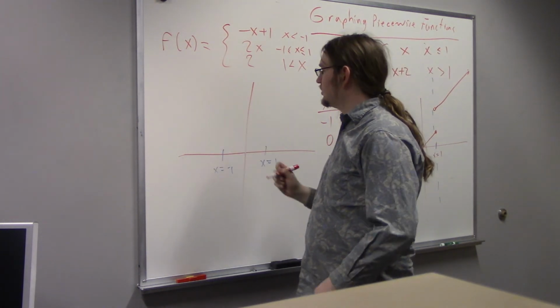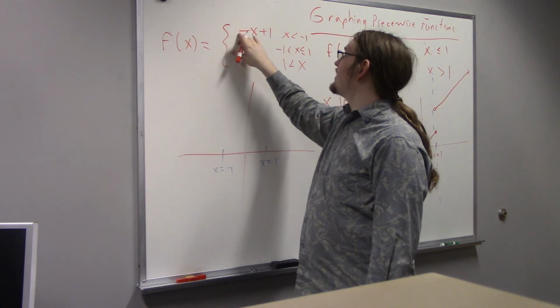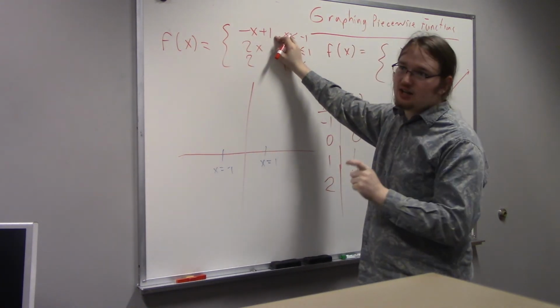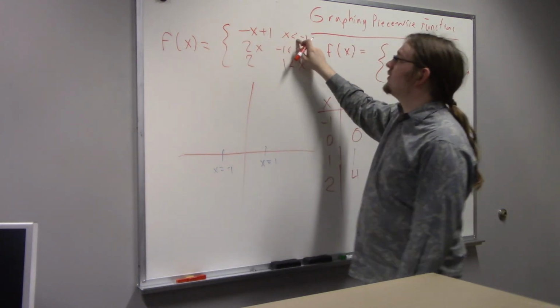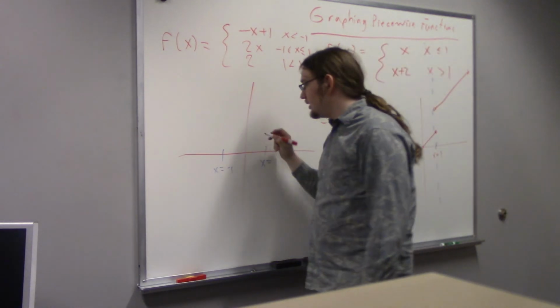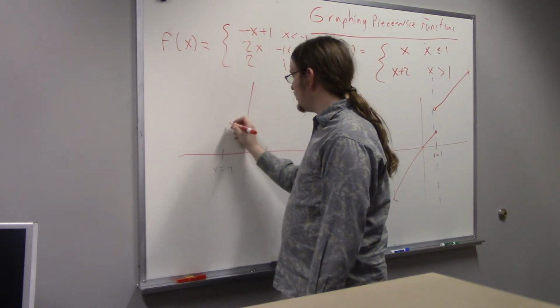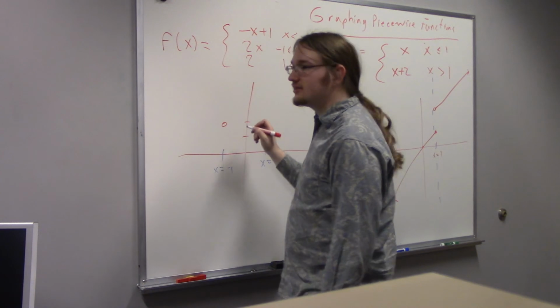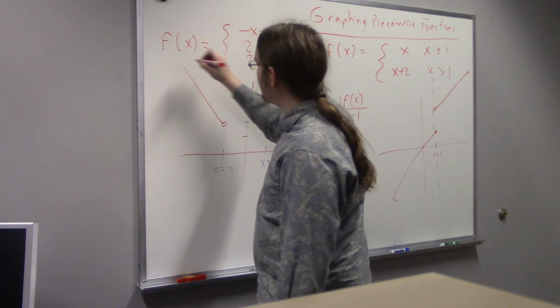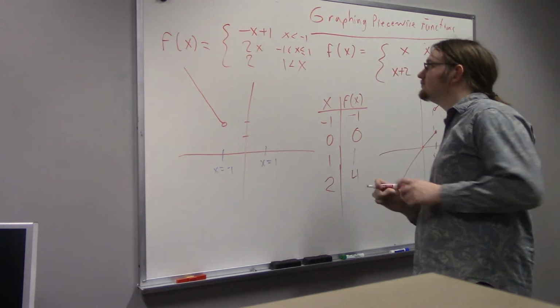So negative x plus 1 from negative infinity to negative 1 with an open circle at x equals negative 1. Looking at that graph, it'll be of this format.